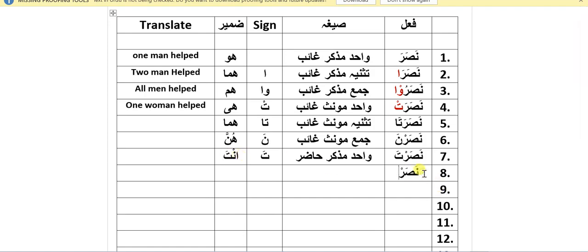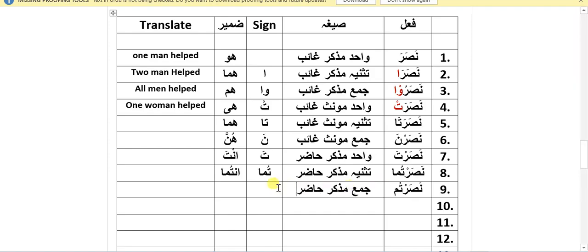Then nasartuma, tasniya muzakkar hazir, sign is tuma and zamir is antuma. Nasartum, jama muzakkar hazir, tum is a sign and antum is a zamir.